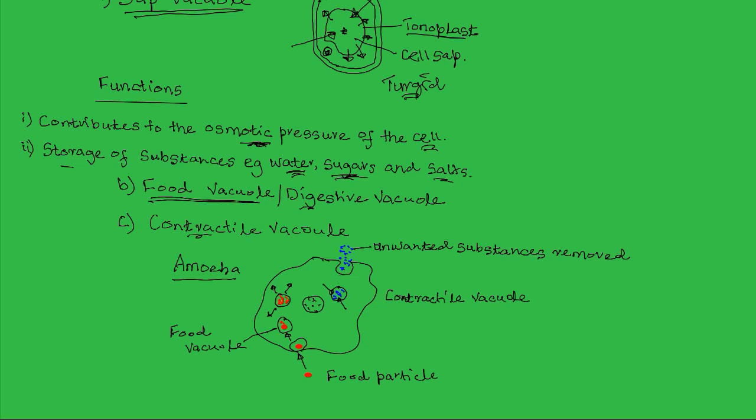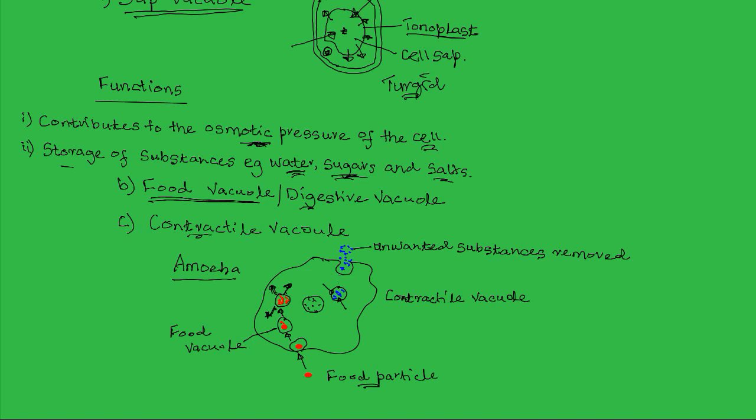Then enzymes are released into the food vacuole, digest the food materials, and the products of digestion are absorbed into the surrounding cytoplasm. That is how an amoeba feeds, by ingesting food particle, forming food vacuole out of it, and then digesting the food within the vacuole. The products are absorbed into the surrounding.